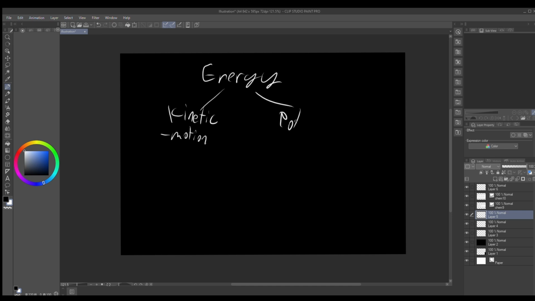And then we have potential energy, which is basically just stored energy. In chemical reactions and chemistry experiments in labs, energy is a huge part, and specifically the transfer of energy is a huge part in chemical reactions. So we will be talking about that for a bit.